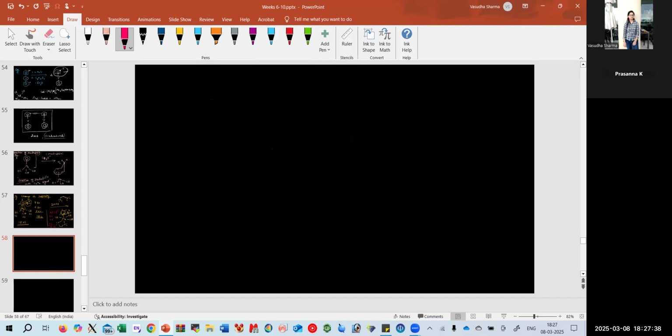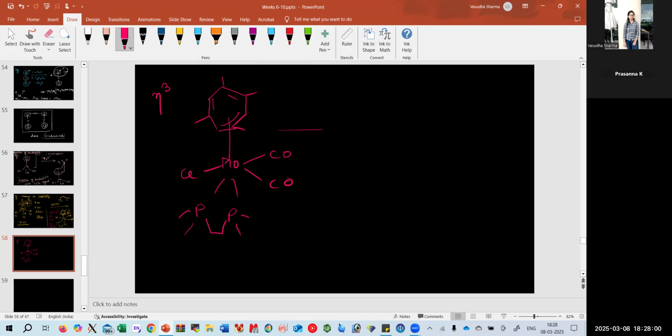Now, once we have made this eta 3 system, which means molybdenum, Cl, CO, CO, phosphorus, and here we have these 3 centers and it remains as it is. Now, when I'm giving a source of light, what would really happen?